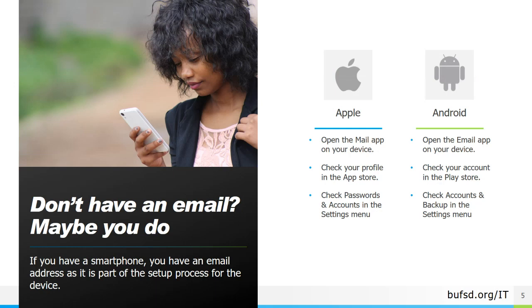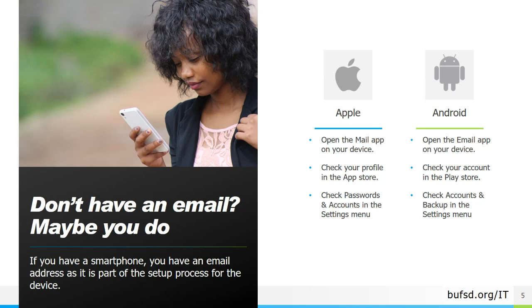Some parents may not know that they already have an email address, or you may not think that you have one. If you have a smartphone device, whether it's an iPhone or an Android device, you do have an email address as it's part of the setup process for the device. So you could check one of the following applications in either type of device.